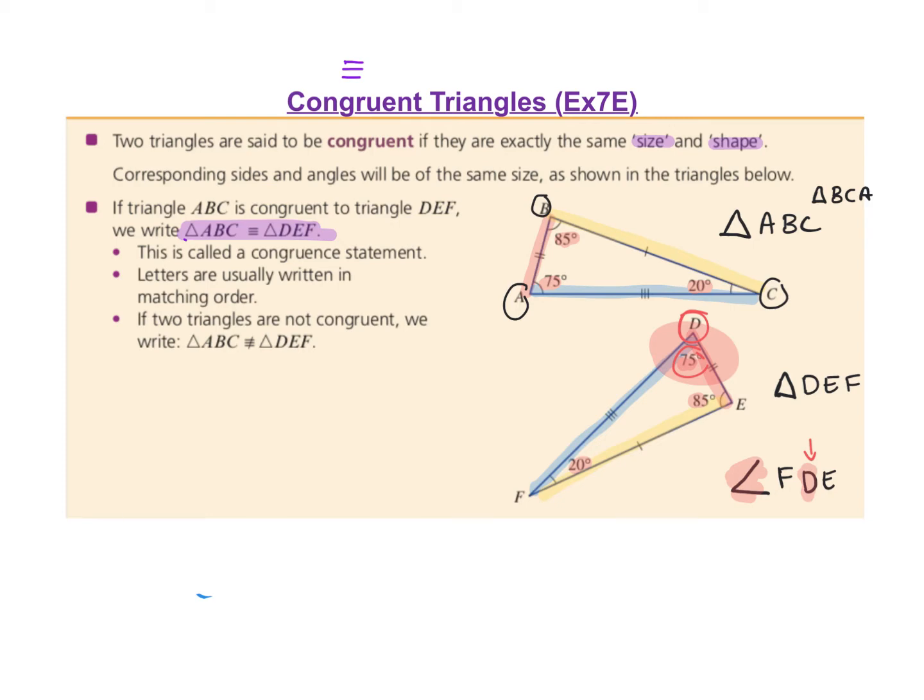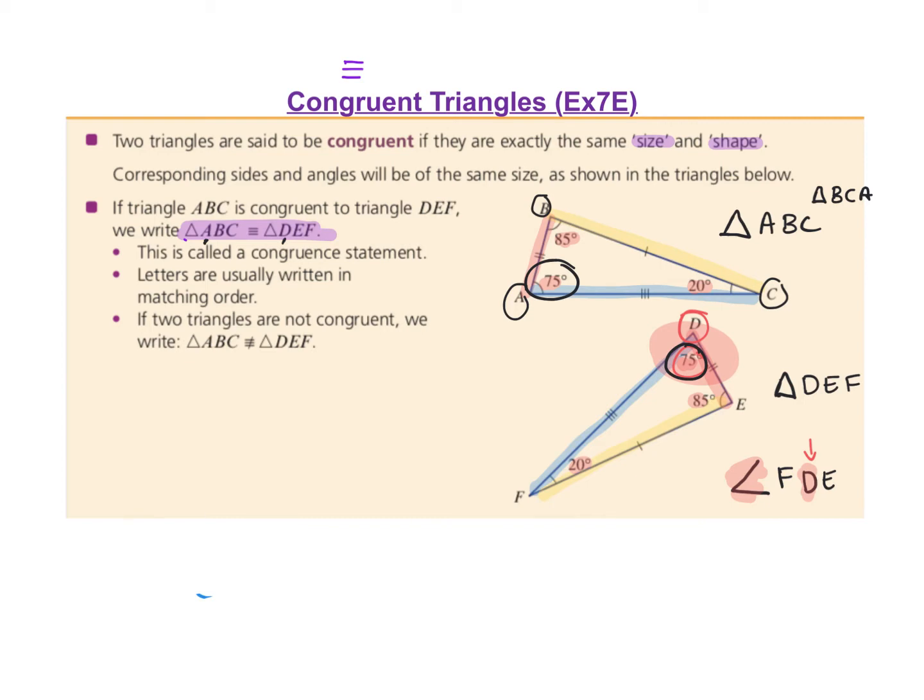Letters are usually written in matching order. What that means is, can you see that A is A, B, C? If you look, A is the 75, and D is also the 75. You see what I mean?